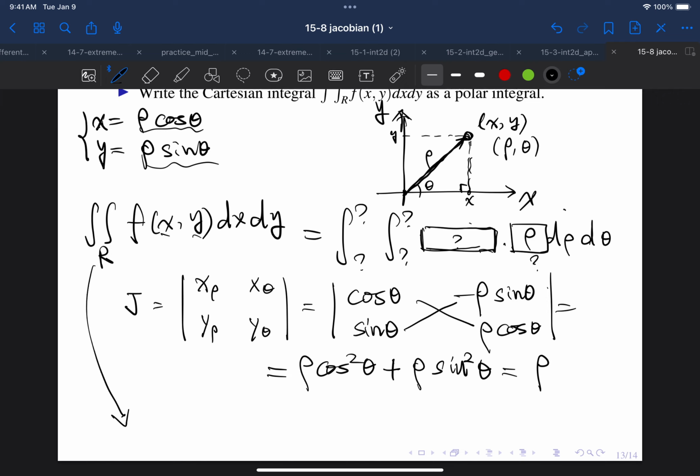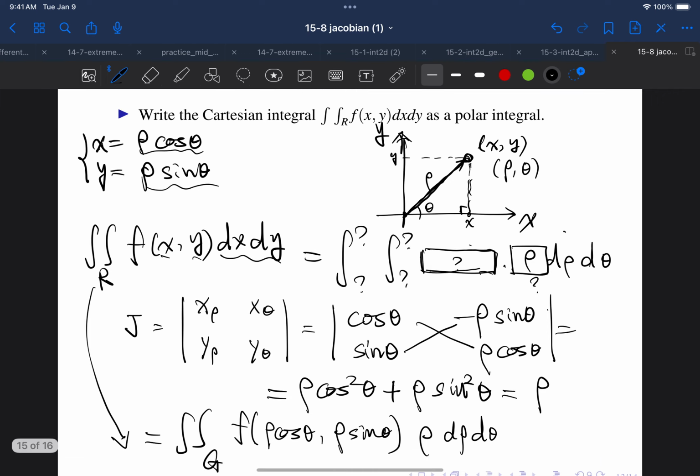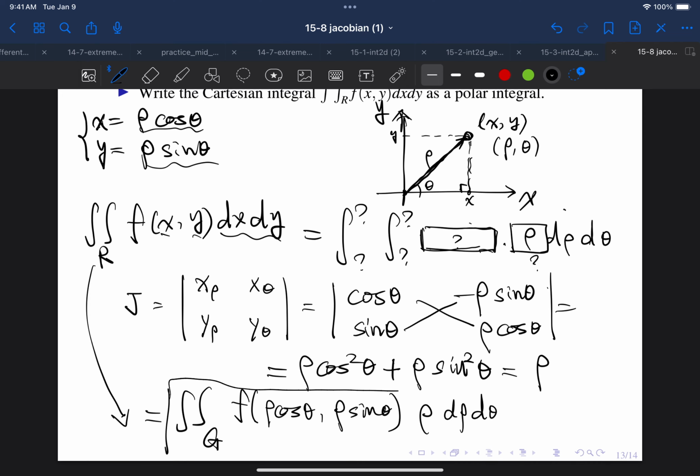For each problem g is different, the shape of g depends on what the actual problem is, but otherwise we can write this directly. So f with x as rho cosine theta, y as rho sine theta, and then when you write dx dy, you multiply by rho, which is the Jacobian, d rho d theta. That's what you do. So this is the formula, or the answer we expect from this example.